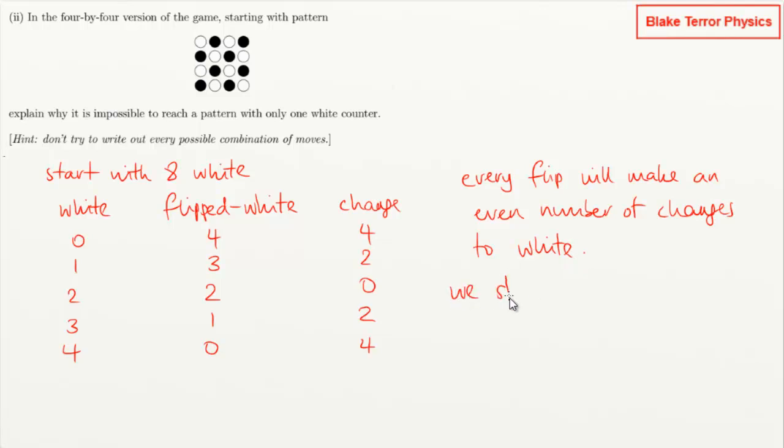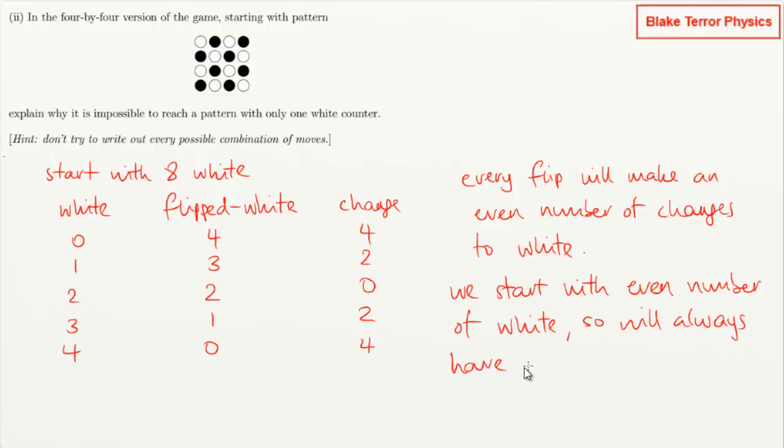We start with an even number of white, so we'll always have an even number of white. Like I say, they've done this sort of thing before in loads of questions, variations on this theme. Always have an even number of white.